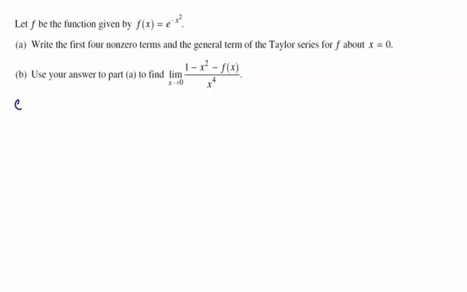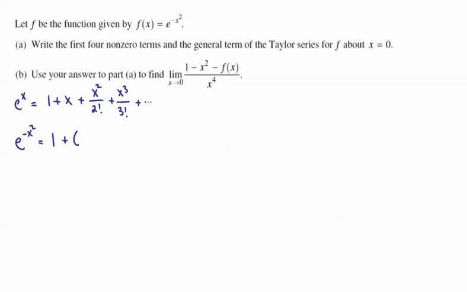e to the x is 1 plus x plus x squared over 2 factorial plus x to the third over 3 factorial, etc. And then we're going to go on from that to e to the negative x squared, where we simply substitute a negative x squared wherever we see x.